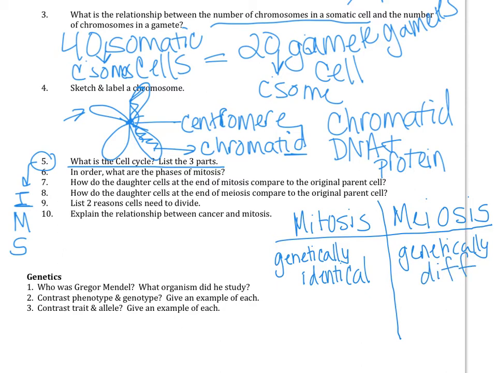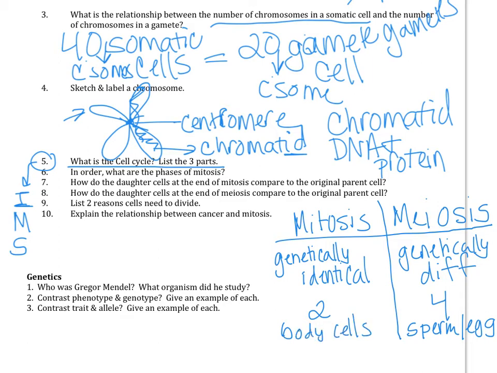You've got your chromosomes crossing over in prophase 1, and you have this exchange of DNA. So you're going to have a different sequence. They're going to be genetically different. Mitosis, you're going to get 2 cells. Meiosis, you're going to get 4 cells. Your sperm and your egg are going to be meiosis. Mitosis is going to be your body cells.